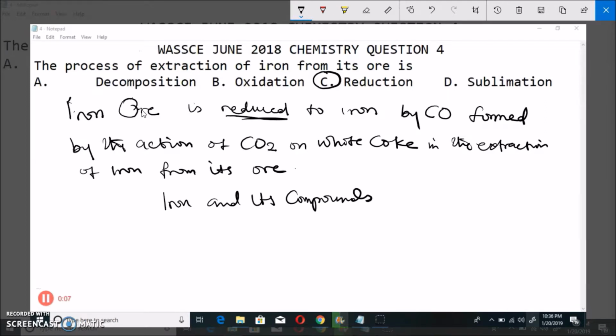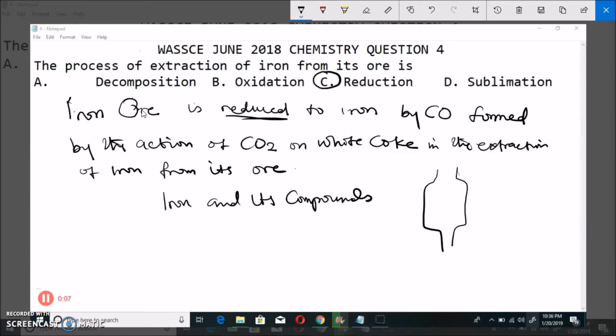So when you have your furnace, inside the furnace there are reactions going on.